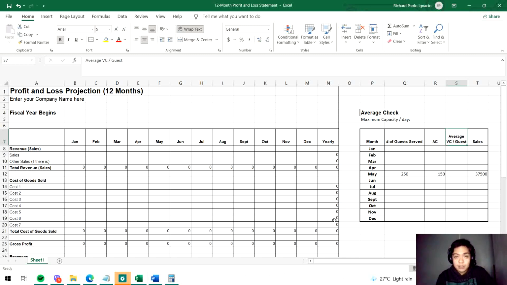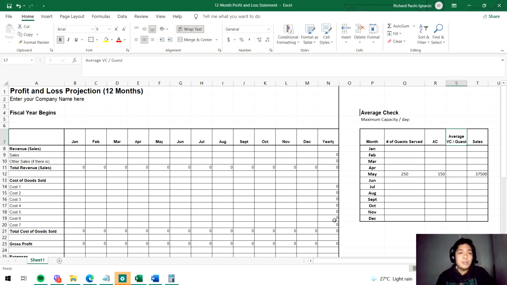Based on the terms itself, variable cost is changing. It will change depende sa dami na naging produce nyo ng output, or dito na kasama yung cost of goods sold sa variable cost. Kasama rin sa variable cost yung wages ng mga tao na binayaran niyo to operate on that specific month.